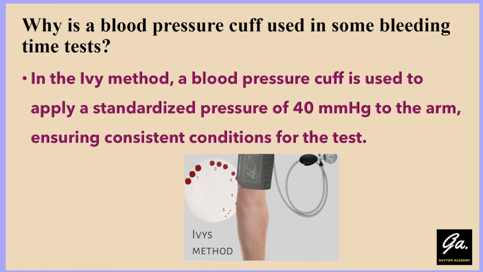In the IVY method, a blood pressure cuff is used to apply a standardized pressure of 40 mm of mercury to the arm, ensuring consistent conditions for the test. So it is the IVY method in which we use a blood pressure cuff to check the bleeding time.